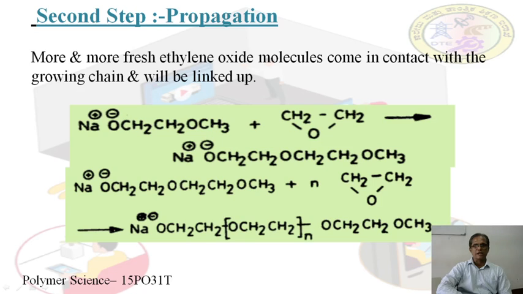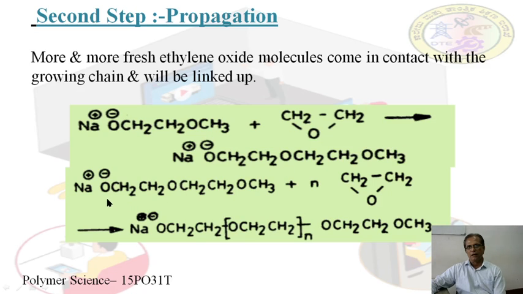In the second step, the propagation will take place. If you put together more and more fresh ethylene oxide molecules, then chain growth will occur. The opening of this ring will take place and it will link up here, and this OCH3 grouping will be at the end.